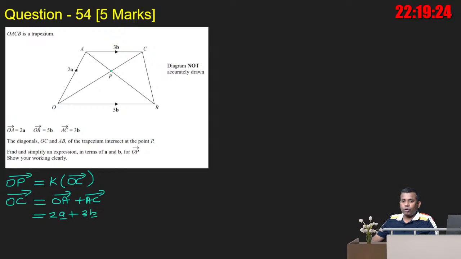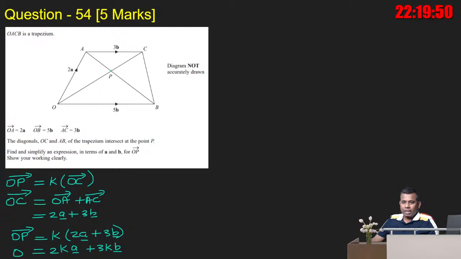Immediately I'm going to write what the OP vector is now. OP vector is k times 2a plus 3b. So a and b are vectors, k is a scalar multiple. If you want to simplify that nicely, 2k a vector plus 3k b vector.